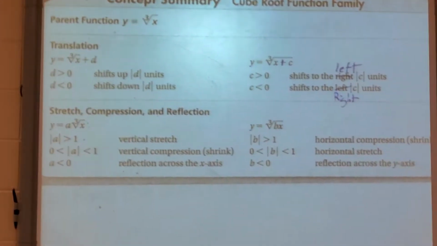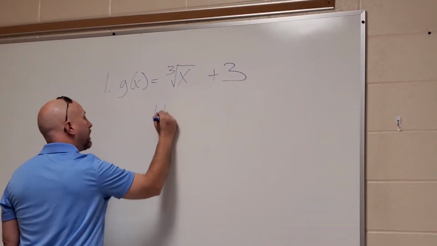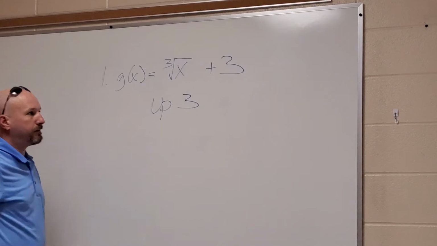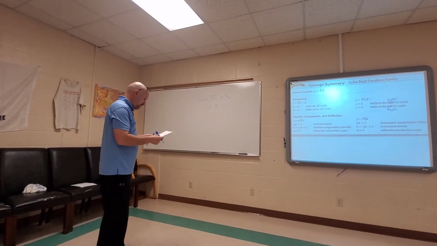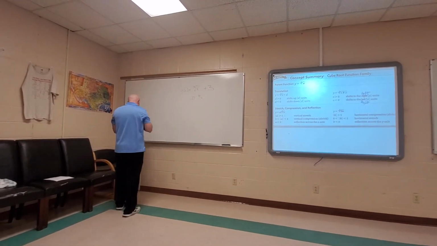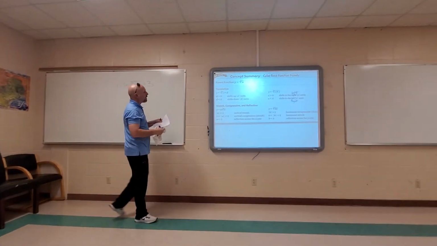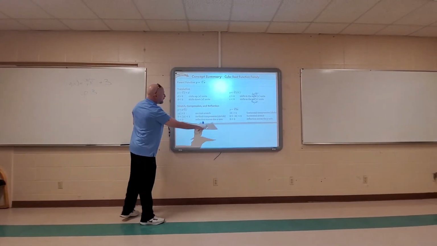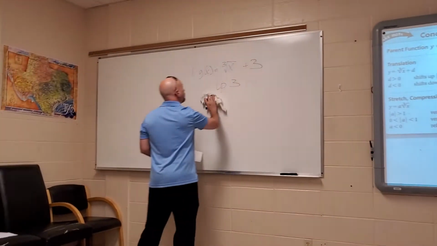So if it's not under, it's going to be this one, and that's going to be up 3. And we're done. Let's look at a couple more, something a little harder. So again, you're just going to go to each problem, see which one it looks like, and that's your transformation.